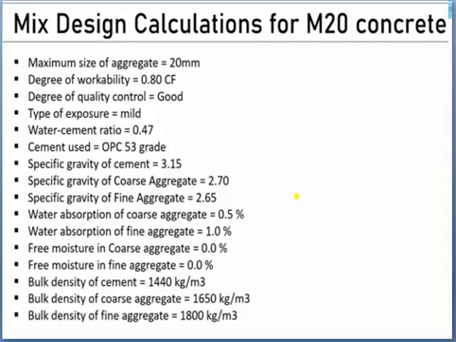So students, before going for the mix design, we need to conduct laboratory testing on the materials, and we need this information as discussed earlier for the mix design. So considering these parameters, we will start with the mix design.